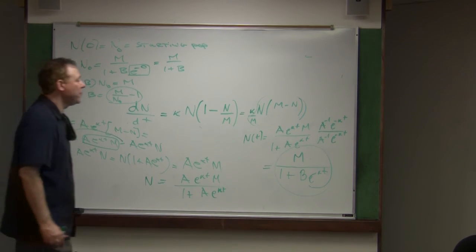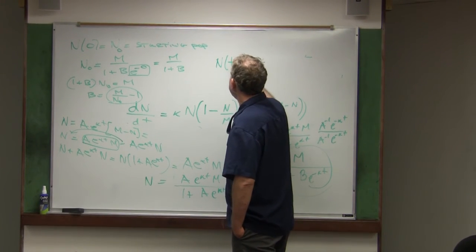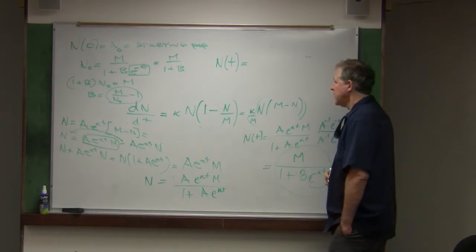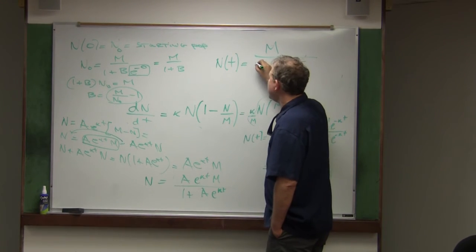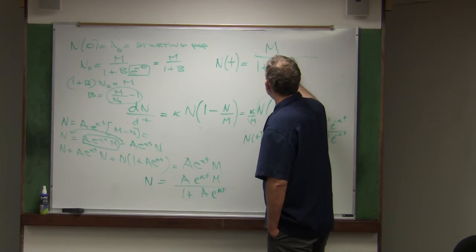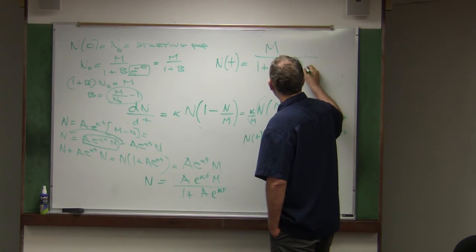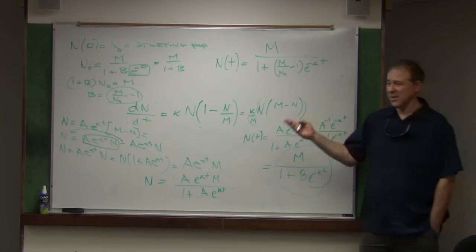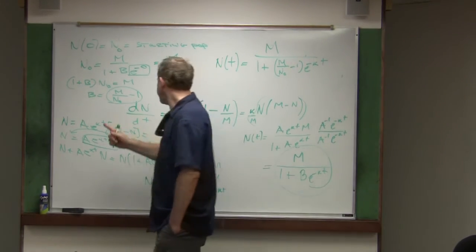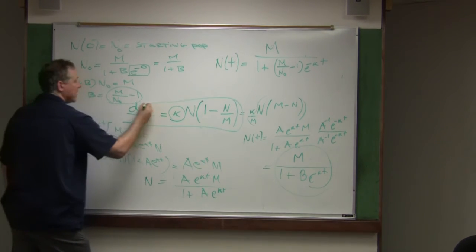So another way to fully express the logistic equation is to say that the population at time t is the maximal carrying capacity divided by 1 plus the carrying capacity divided by the initial population size minus 1 times e to the minus kt, where k is the positive constant that appears in the original logistic growth differential equation, which is there.